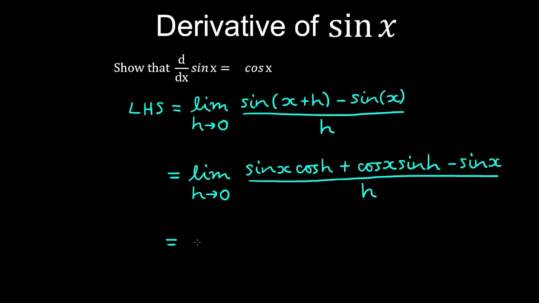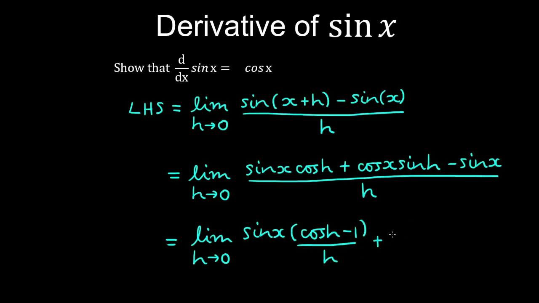And now we can do some factorization to split these limits into 2. And we've shown previously that this limit evaluates to 0, and this one here evaluates to 1 as h approaches 0.